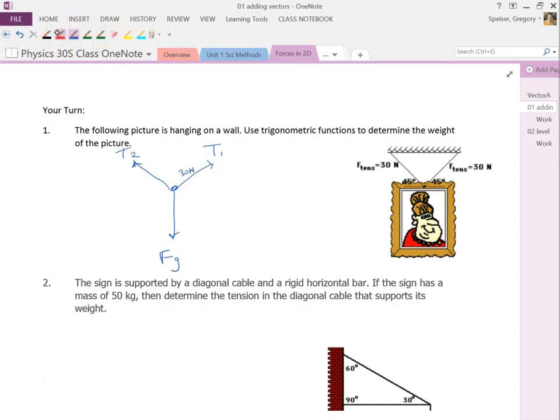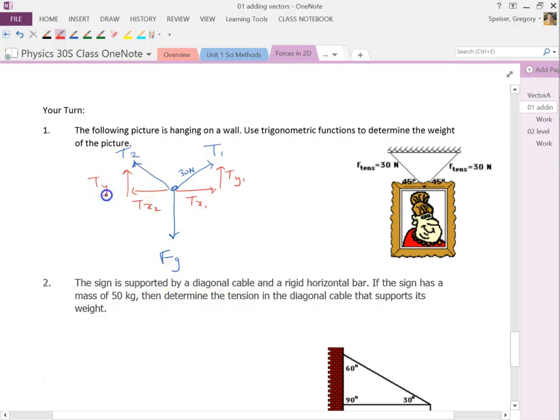Well, if I figure out my Tx and my Ty here, the force of gravity is going to be equal to this vertical force 1 plus the vertical force 2. Or even another way to think of it, because these two are equal, it's just going to be equal to twice one of those vertical forces.